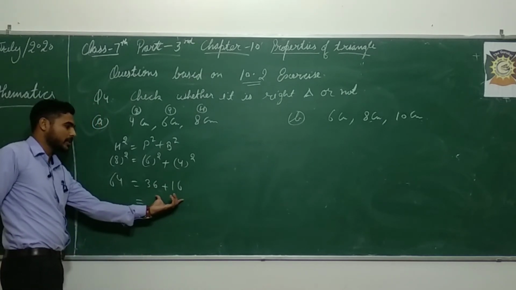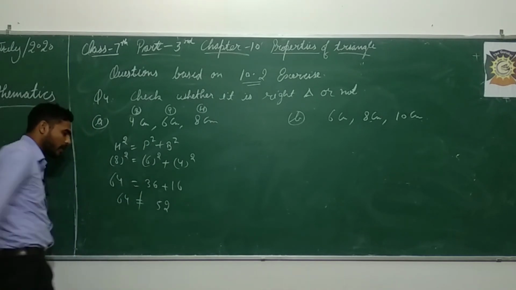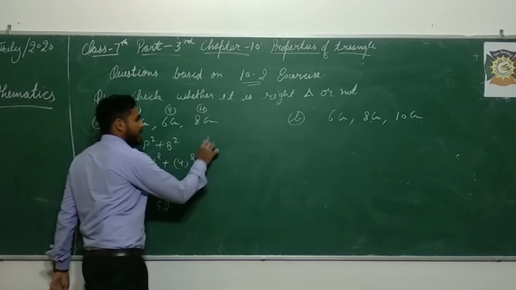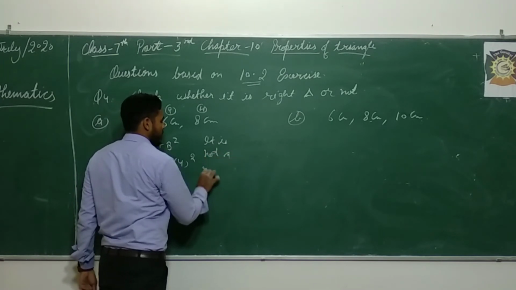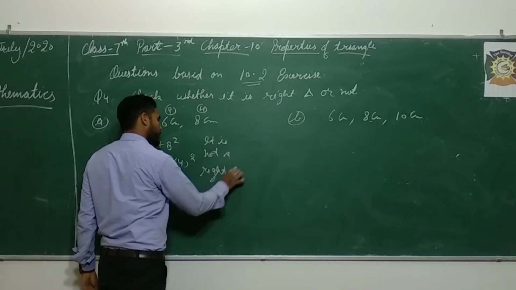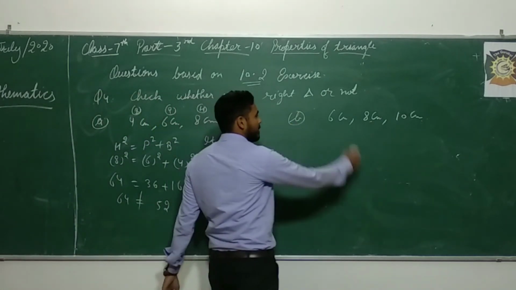Add both the terms, 36 and 16. It means not equal. It means it is not a right triangle.